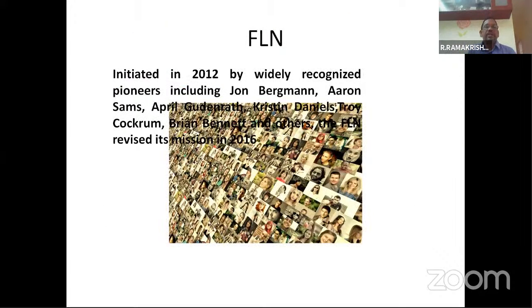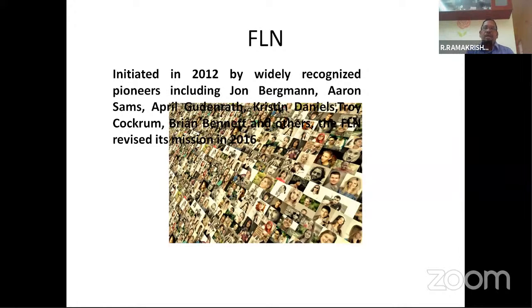This is called the Flipped Learning Network. It was developed by Sam, already mentioned, John Bergmann and Aaron Sams initiated it. They derived the concept called flipped learning and formed the Flipped Learning Network.